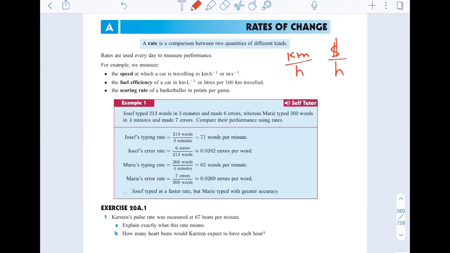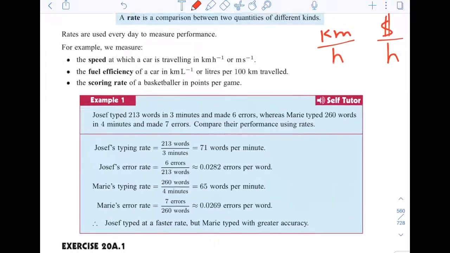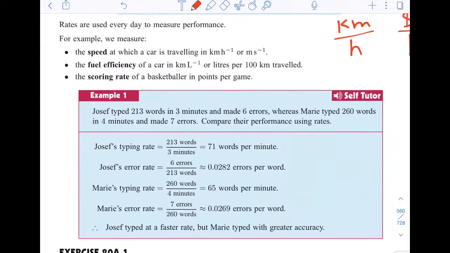Anytime we're comparing two items, it's called a rate, two different measurements. So over here, it shows you how the book is going to outline a couple of measurements. When we see speed, the speed at which a car is traveling is kilometers per hour, and it's written like that with the -1 on the h.